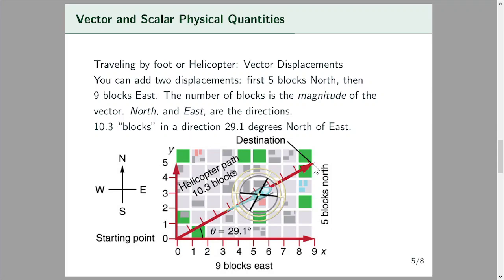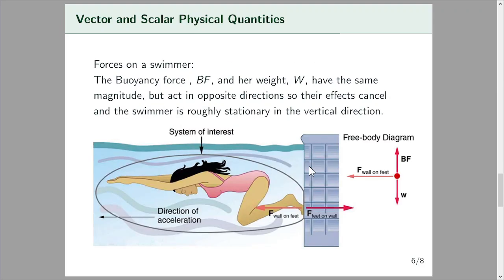Or I could just fly 10.3 kilometers along the hypotenuse, as we say, and if you use the Pythagorean theorem, 9 squared plus 5 squared and took the square root, you get 10.3. And so these two vectors, the north one and the east one, add up to the diagonal vector.